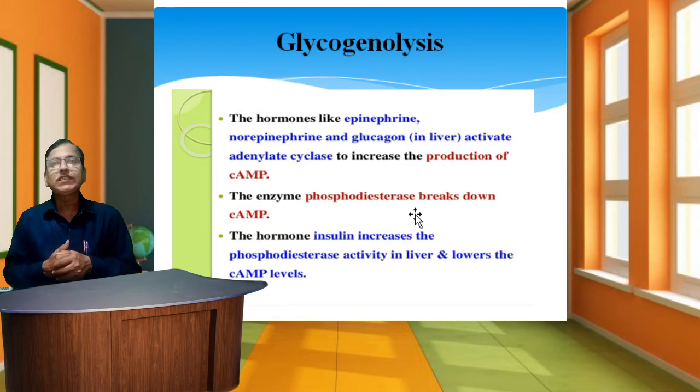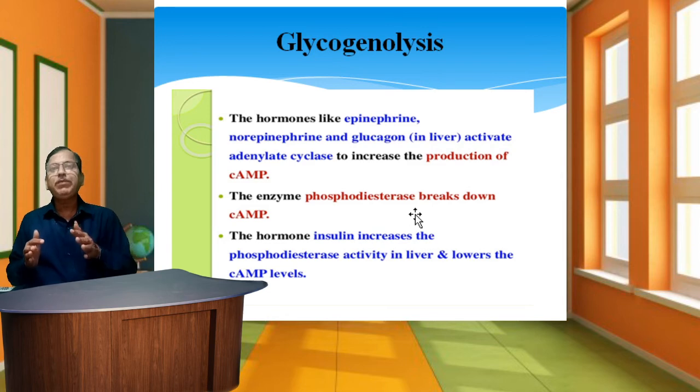Hormones like epinephrine, norepinephrine and glucagon activate adenylate cyclase in the liver to increase the production of cyclic AMP. The enzyme phosphodiesterase breaks down cyclic AMP.